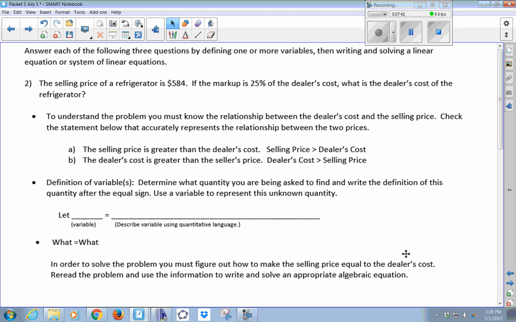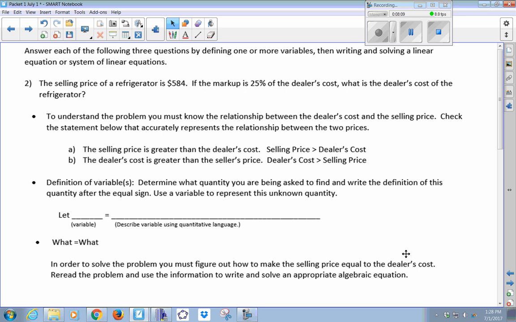The selling price of a refrigerator is $584. So I think, having lived in this society, we know that when we go to a store and see a selling price for a particular item, that item did not cost the store exactly the same thing that they're offering it to you for.